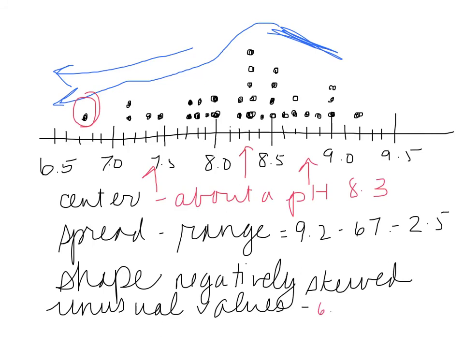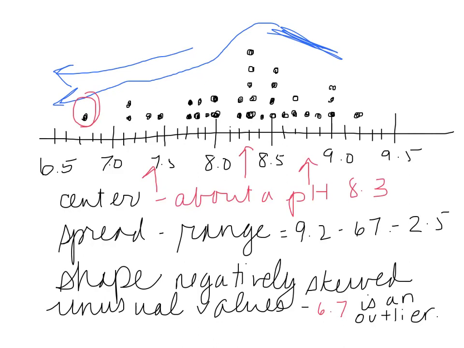So 6.7, and we call those data values that stick away from the others outliers. If you don't have any unusual values, in your analysis you would say there are no unusual values. You don't not comment on them at all.